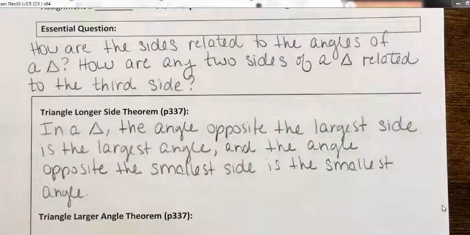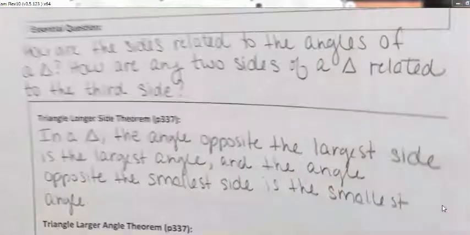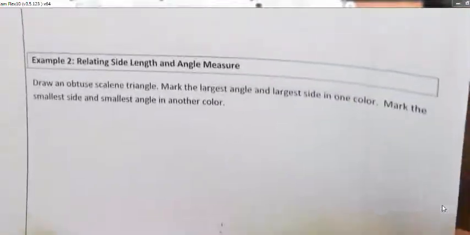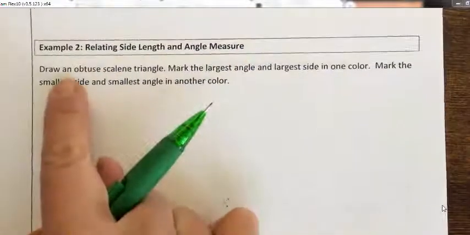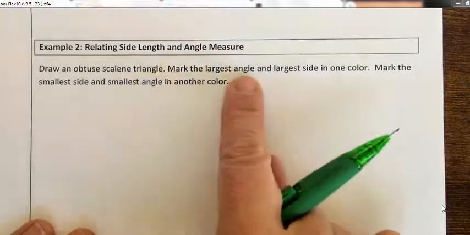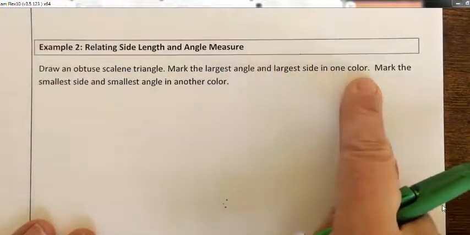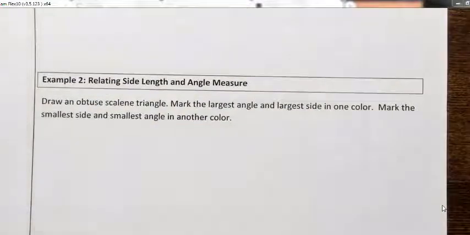All right, before I move on to the larger angle theorem, I think I'll go ahead and draw a picture. So head on down to example 2 here, relating side length and angle measure. It says to draw an obtuse scalene triangle. You're going to mark the largest angle and the largest side in one color, and then the smallest side and the smallest angle in another color. So let's find my ruler and 2 colors.